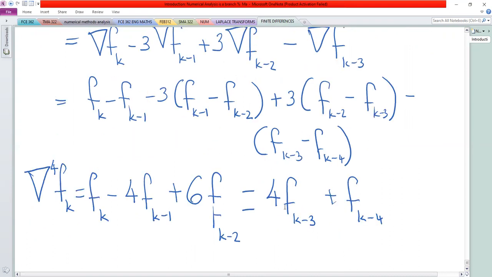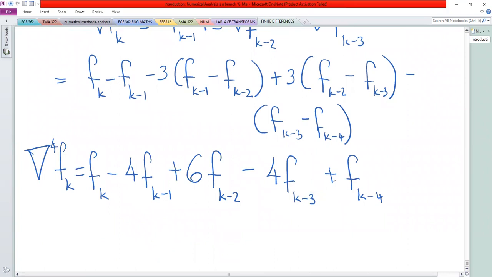So this is what we call the fourth backward difference of fk.